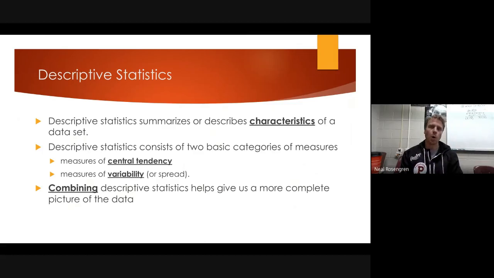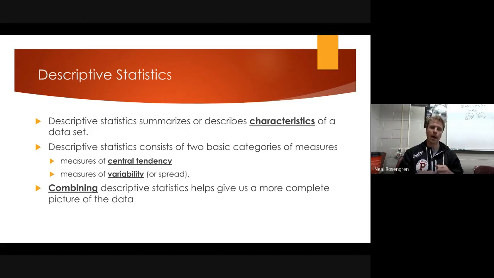And so what we're really dealing with is what's called descriptive statistics, okay? And you're actually going to see that your Infinite Campus uses descriptive statistics to help you figure out how you're doing comparatively to other people in the same class or other people in the same grade or whatever it is, right? So we want to be able to summarize and describe certain characteristics of data.